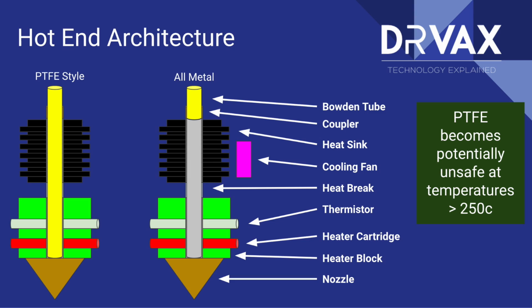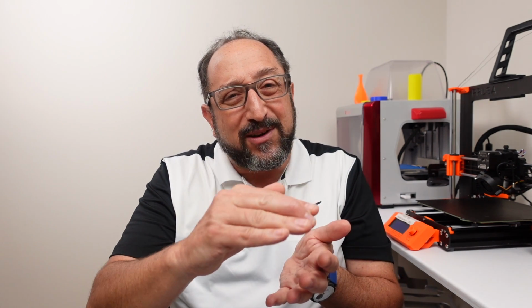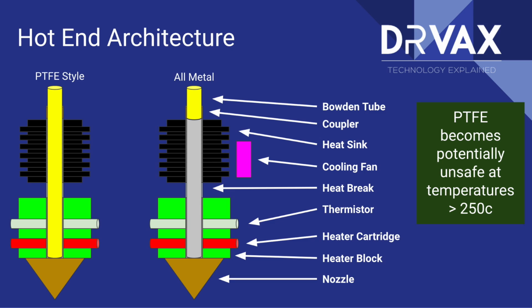So in general, you'll find that 3D printers that do not have an all metal hot end generally limit temperature to 250, 260, maybe 275 Celsius. The Prusa can print up to 300 degrees Celsius because it has an all metal hot end.